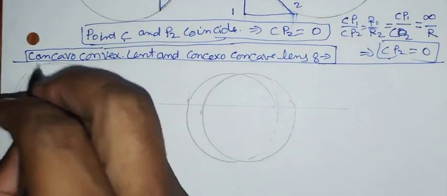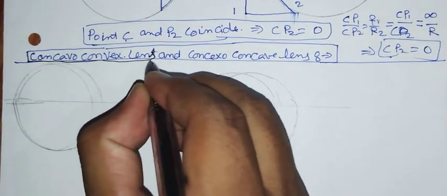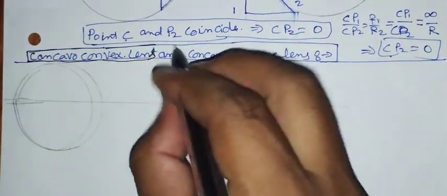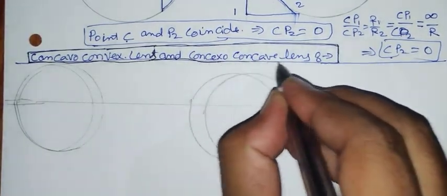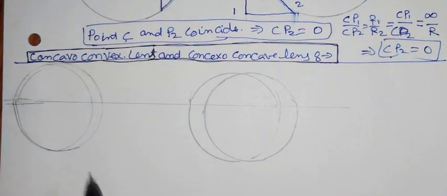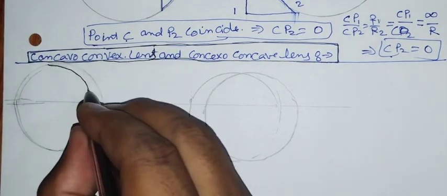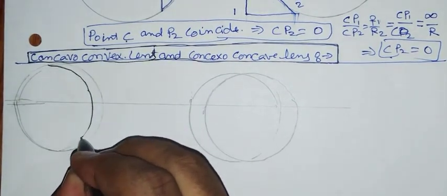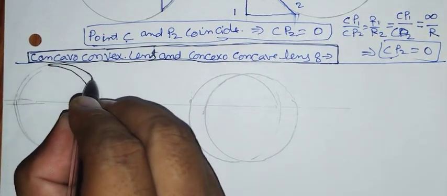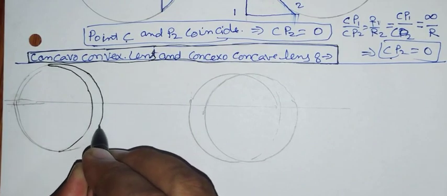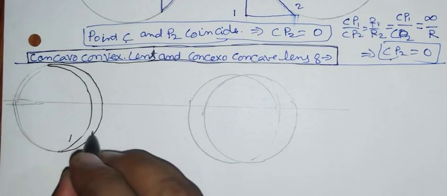Now the position of the optical center in the case of a concavo-convex lens and a convexo-concave lens is totally different from the beginning. See the diagram of the concavo-convex lens. This is the first side, second side.